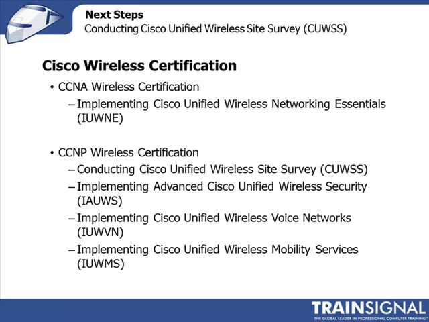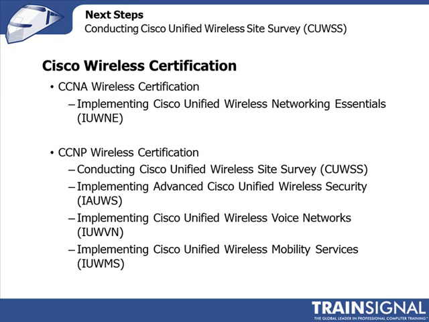Now, the CCNP wireless certification is really focused around the people that are designing and implementing your wireless networks. So it has a greater emphasis on the wireless networking principles and the theory behind it, and then taking that theory, those technical specifications, and applying that to actually design and install your wireless network. And you can see here that the CCNP wireless certification has 4 components to it, one of which is the Conducting Cisco Unified Wireless Site Survey.